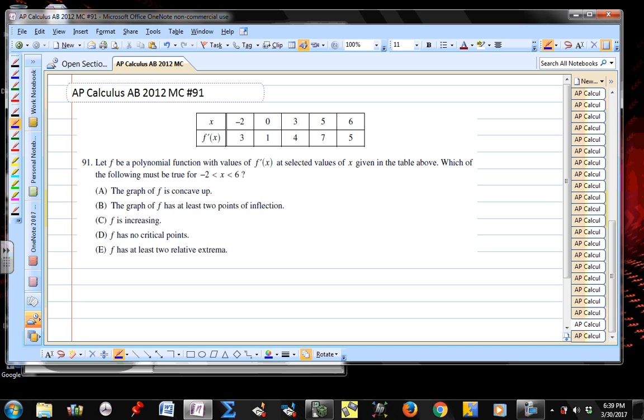Part A, option A, they say the graph of f is concave up. Well, what that means is then f prime prime is positive on the entire interval. All right, so check this out. If you want to find f prime prime, we can find the rate of change of f prime. Let's look on this first interval.